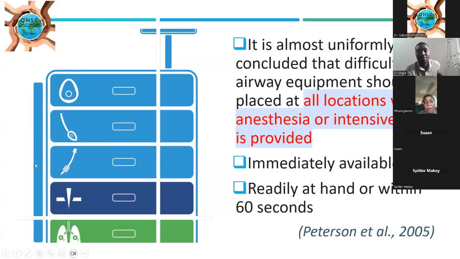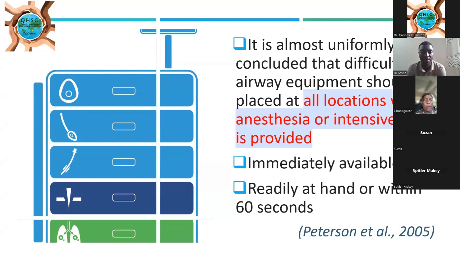So now we will talk about the placement of a difficult airway cart. Where should we place a difficult airway cart trolley? It is almost uniformly concluded that a difficult airway cart should be placed at all locations where anesthesia or intensive care is provided. It should be immediately available, readily at hand, or within 60 seconds.